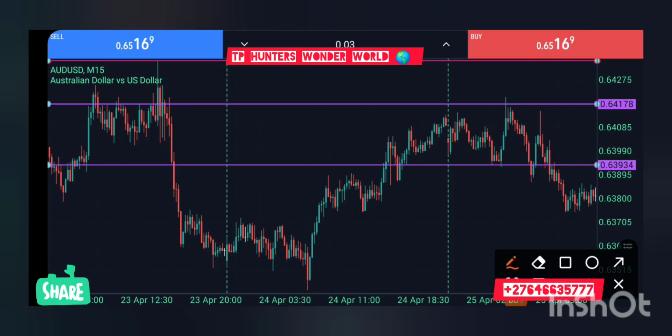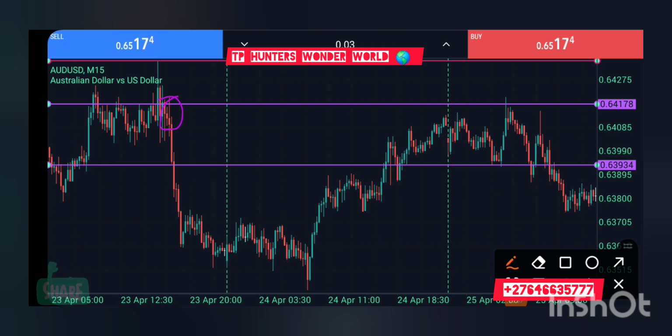Okay, let me not say price came back to test this level for the second time. I think this was a breakout with a bearish engulfing.